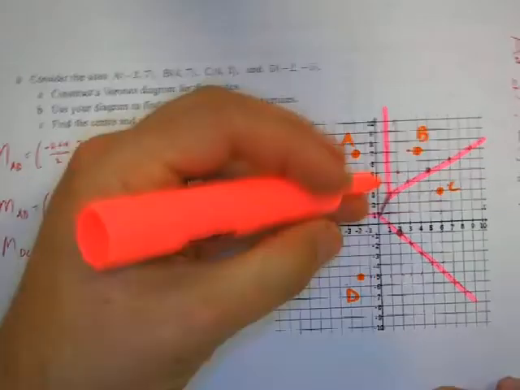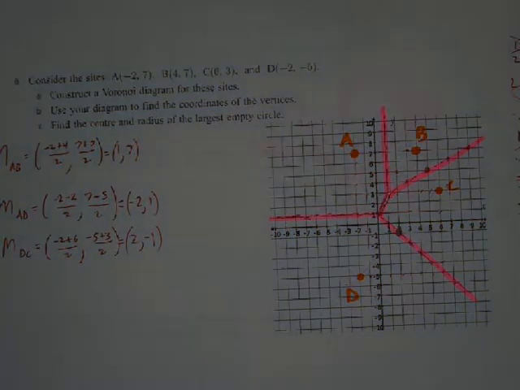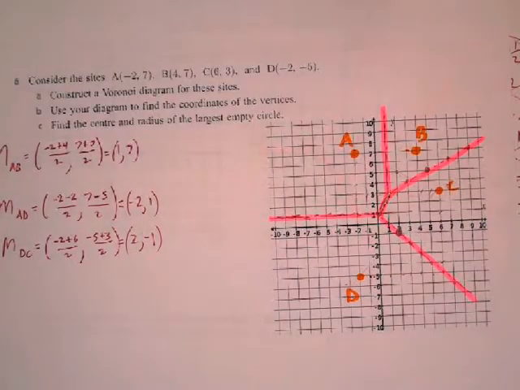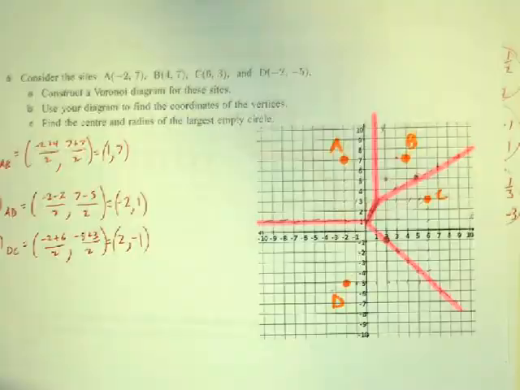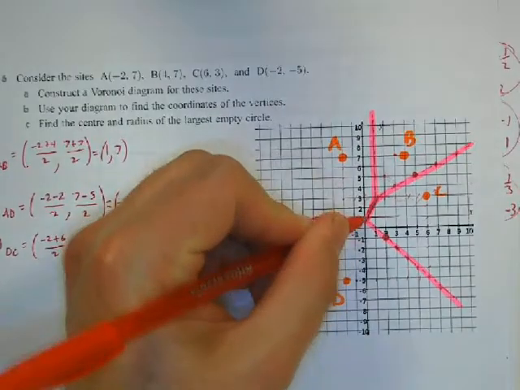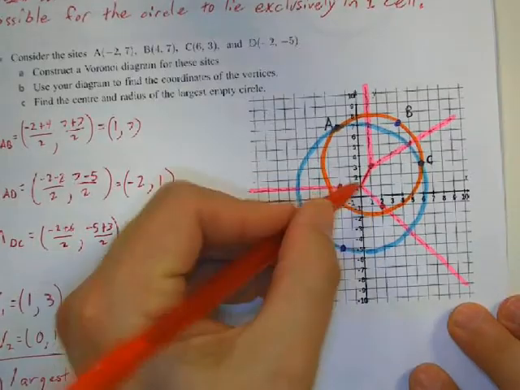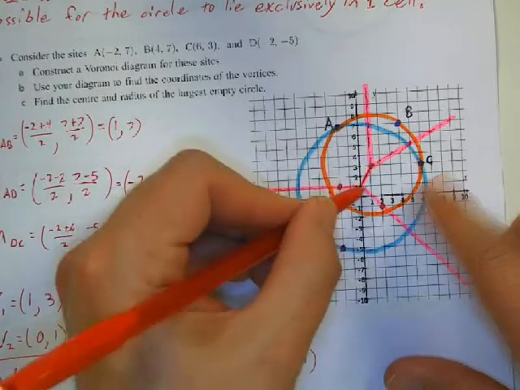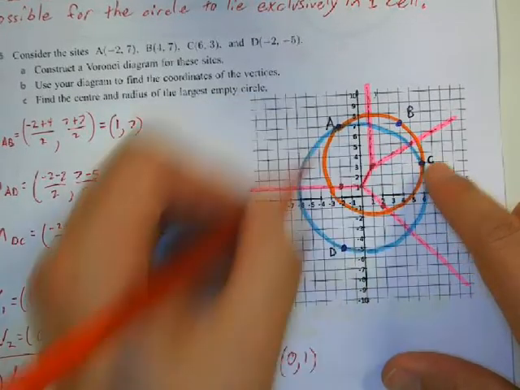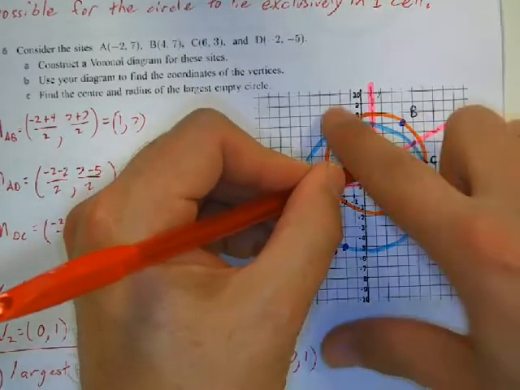Okay, if I use my compass and draw circles from there and from there, the radius from here to here draws the blue circle. From here, the radius draws the orange circle.